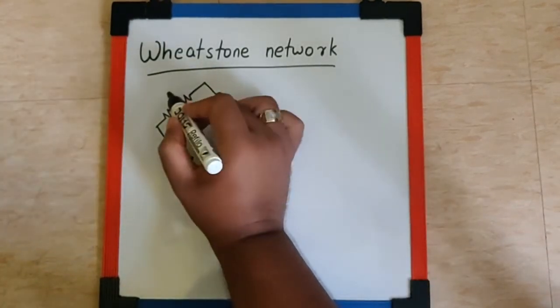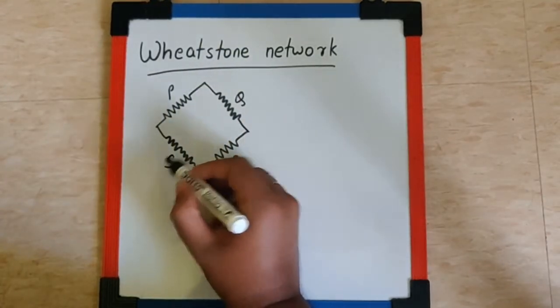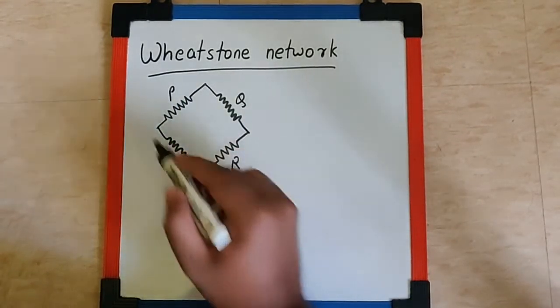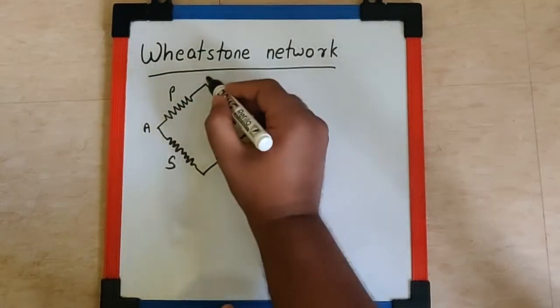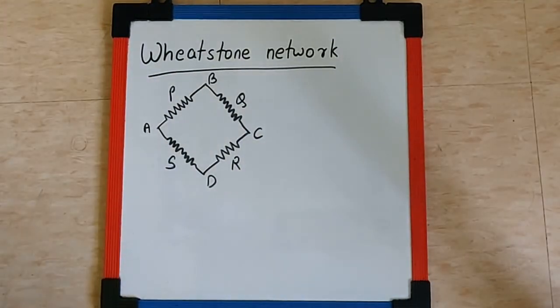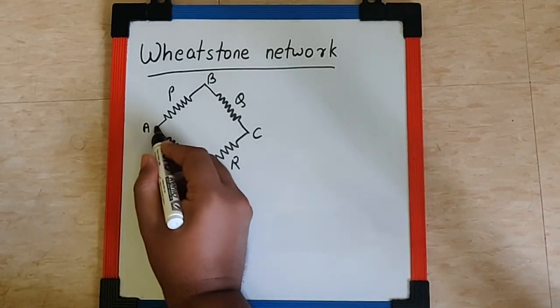Let's name these resistances as P, Q, R, S in cyclic order, and let's name the corners A, B, C, D. So this is the arrangement of four resistors. Further, we connect two opposite ends of this square to a battery, key and a rheostat, something like this.